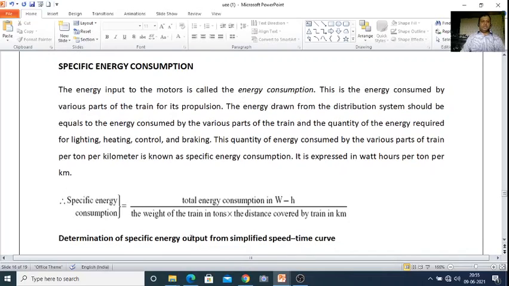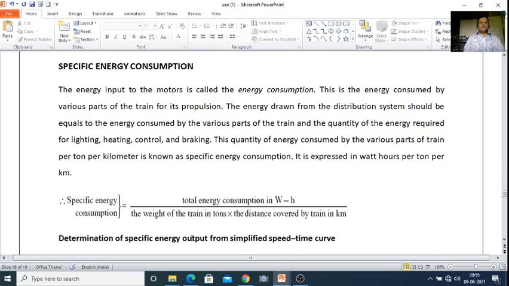So talking about the specific energy consumption, the energy input to the motor is called energy consumption. This is the energy consumed by the various parts of train for its propulsion. The energy drawn from the distribution system should be equal to the energy consumed by the various parts of the train and the quantity of energy required for lighting, heating, control and braking. This quantity of energy consumed by various parts of train per ton per kilometer is known as specific energy consumption.